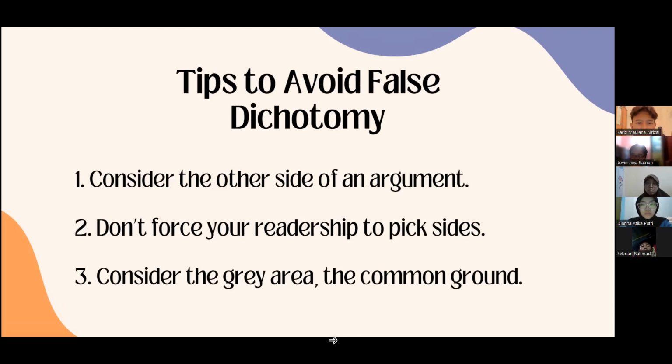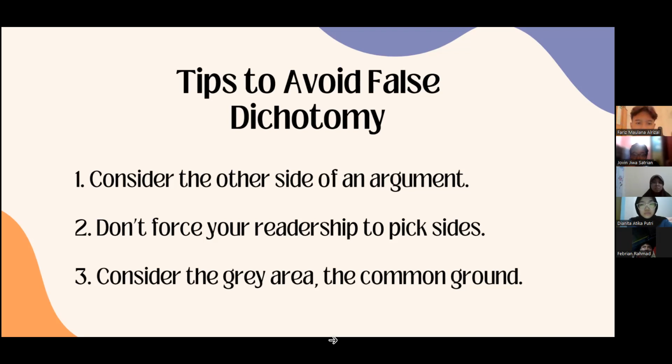Second tip, don't force your readership to pick sides. When you present a choice to your reader to join or not join you, you might be committing the fallacy of false dichotomy. Instead, present your argument and then allow your reader to develop their opinion organically.